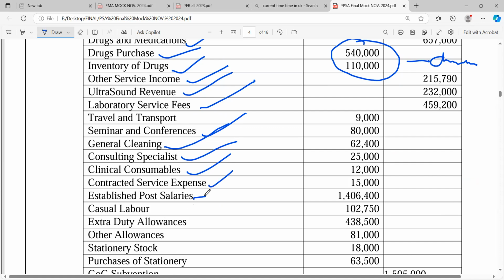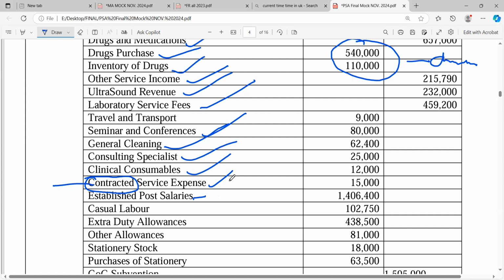Contracted service expenses, is it a contract staff? You have contracted someone, so it's goods and services. Established post salary, employment.